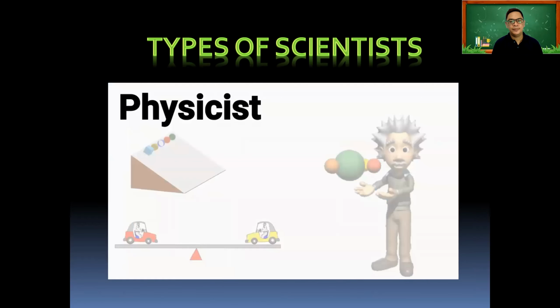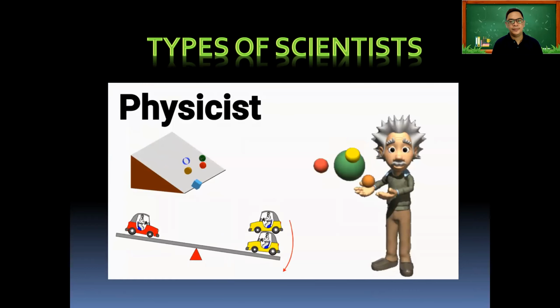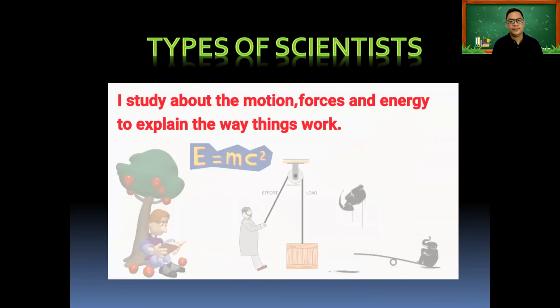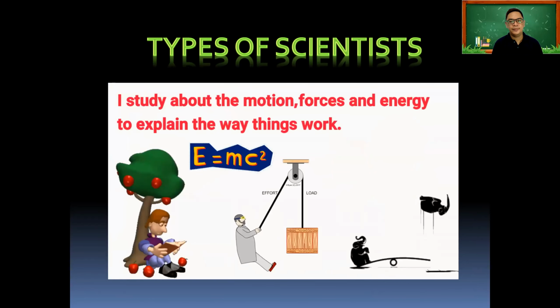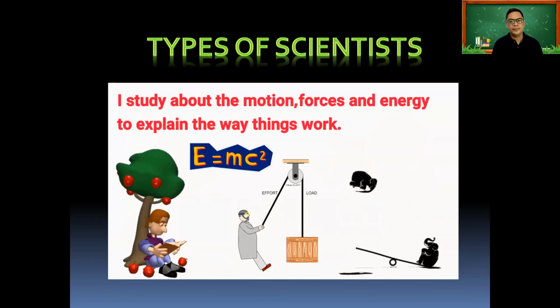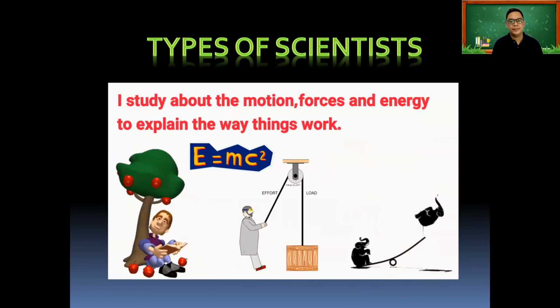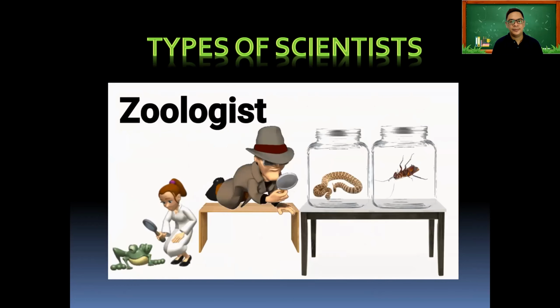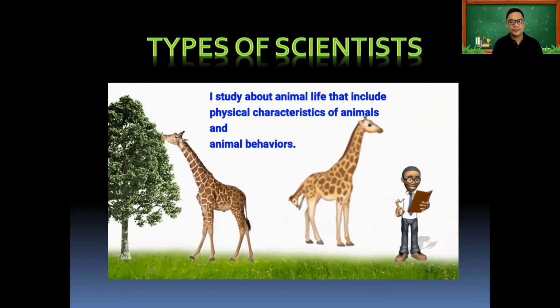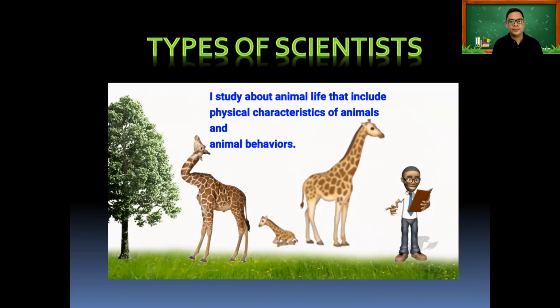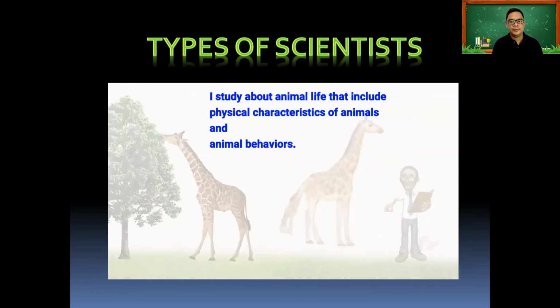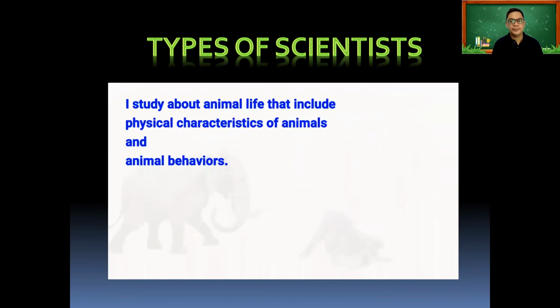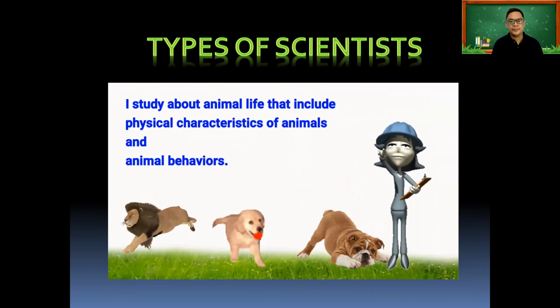Physicist: I study motion, forces, and energy to explain the way things work. Zoologist: I study animal life, including physical characteristics of animals and animal behaviors.